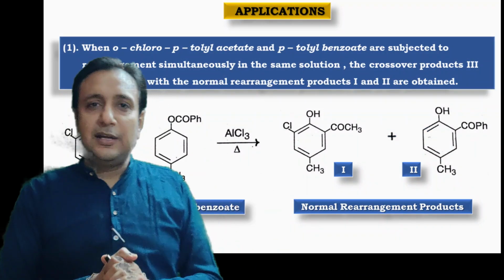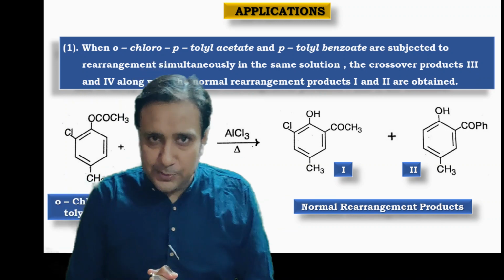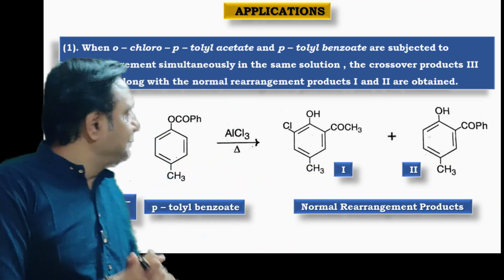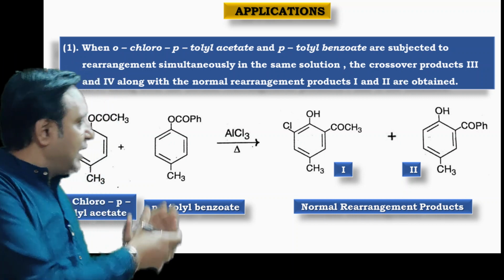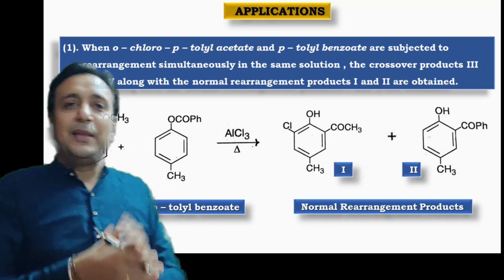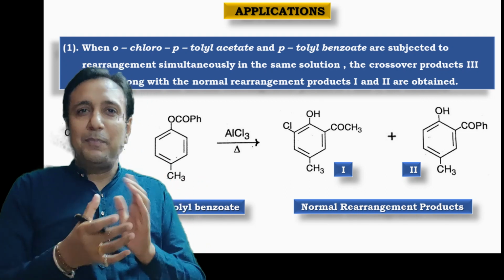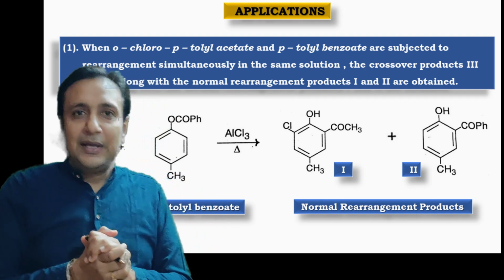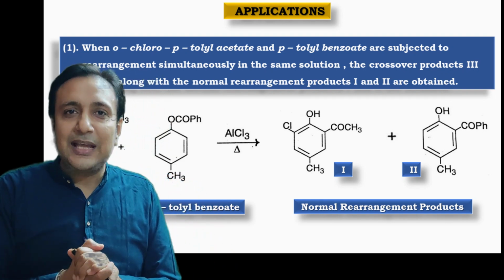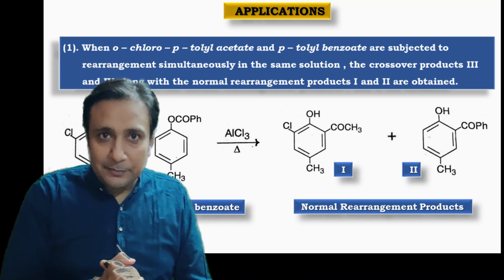The next part of this rearrangement is a very important part, that is the applications of Fries rearrangement. Now, the first application is given on your screen. According to this application, when ortho-chloro-para-tolyl acetate and para-tolyl benzoate are reacted with each other in the presence of anhydrous AlCl3, then two pairs of products are obtained.